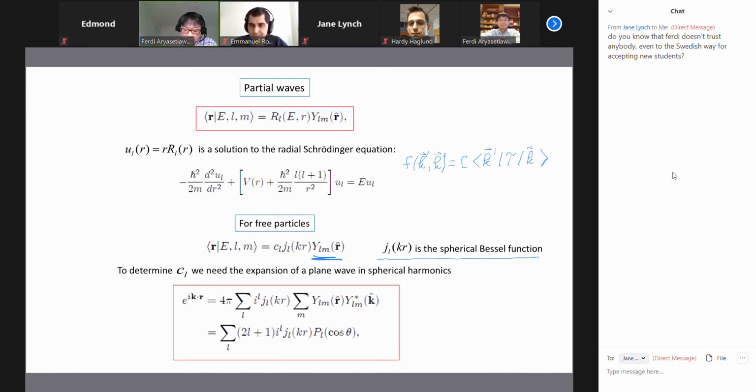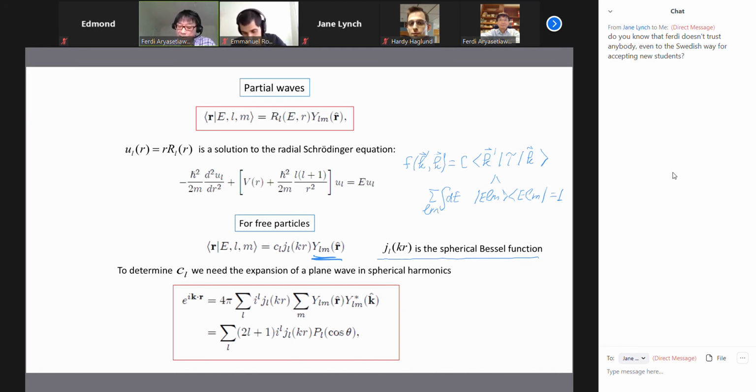So we will use these free particle solutions to compute these matrix elements here. So we will insert here the sum over l, m and integrate over the angle, which is equal to 1 here.